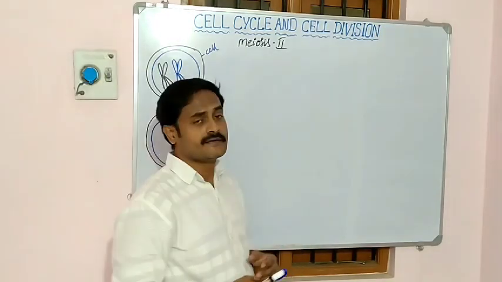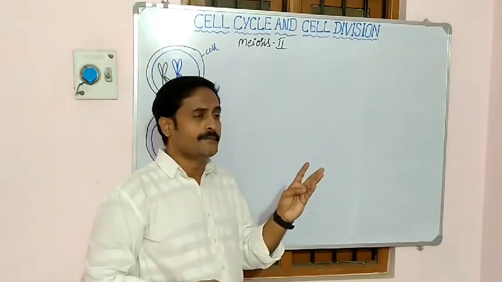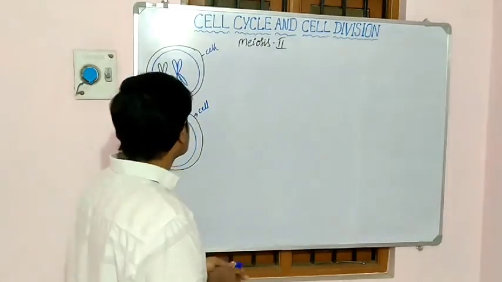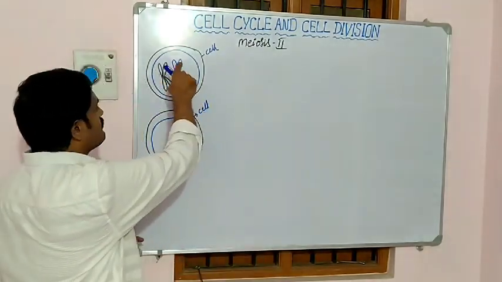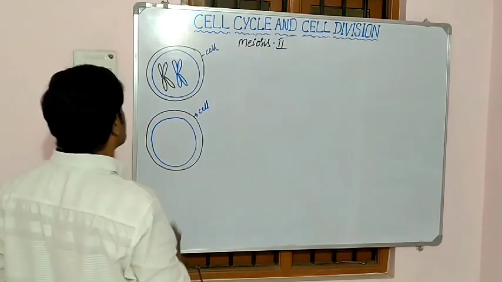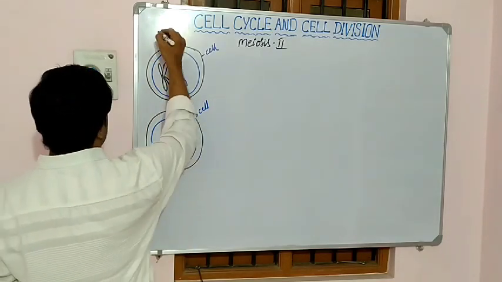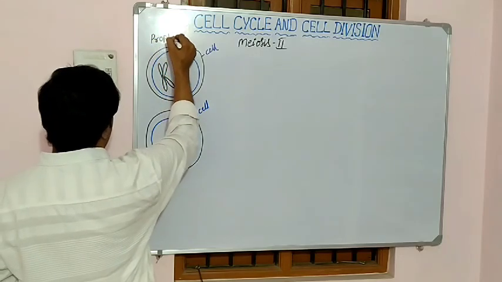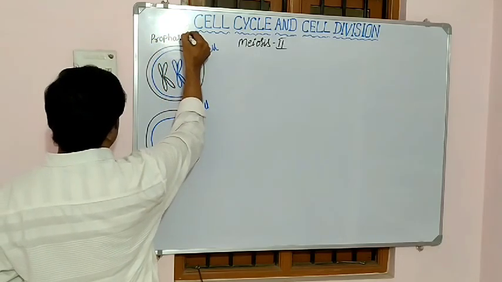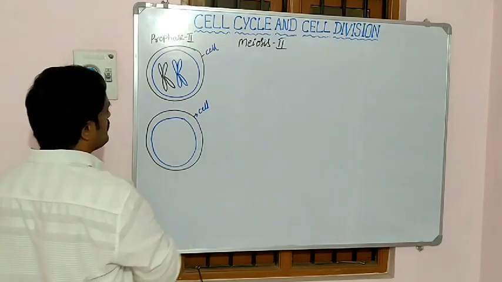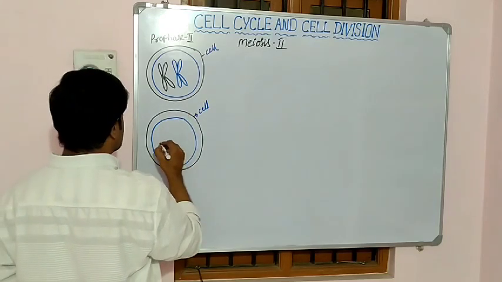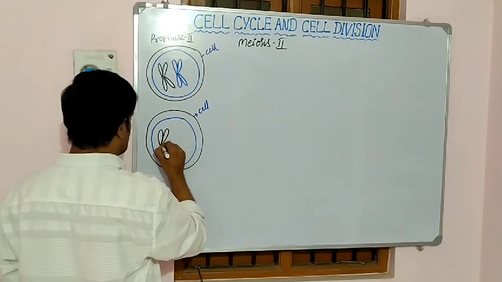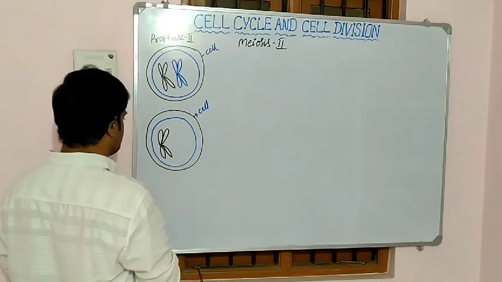Already you know what they are: prophase 2, metaphase 2, anaphase 2, telophase 2. See, once this cell is involved in prophase 2, these two cells look like this. So what is the name of this phase? Prophase 2. This is also prophase 2, and the nucleus consists of chromosomes like this.